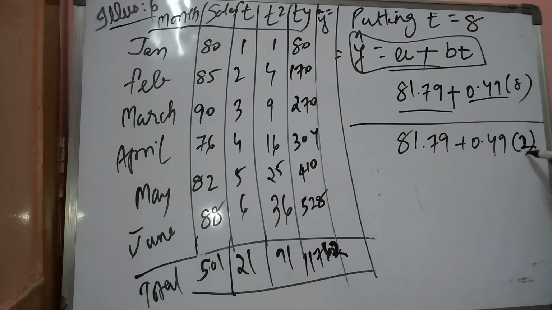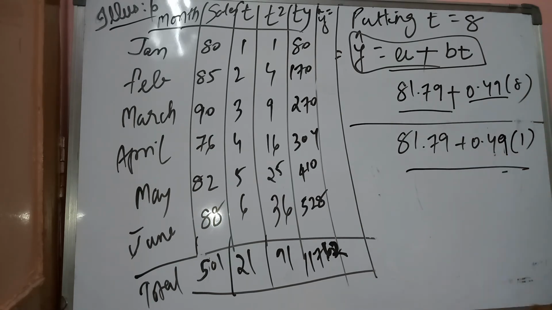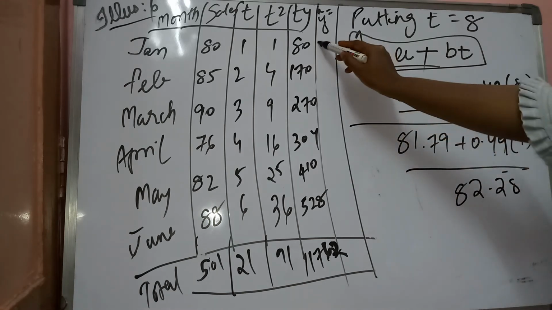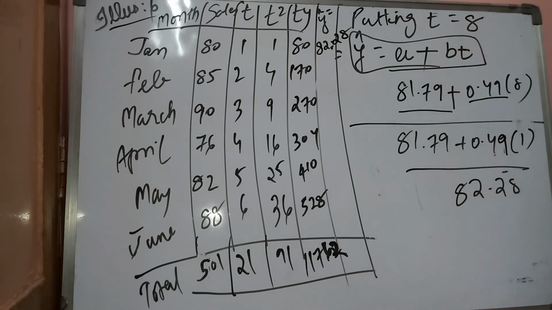For the third month you have to write 3. So for the first month it is 1. So you just add it. So what is the answer? It would be 82.28. So like this you have to write for each and every period.